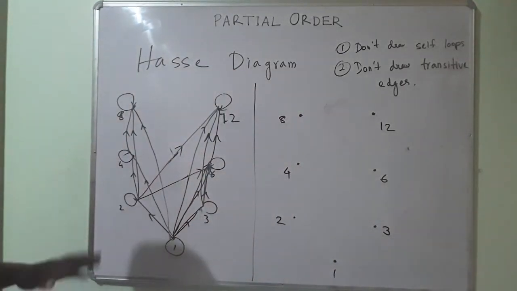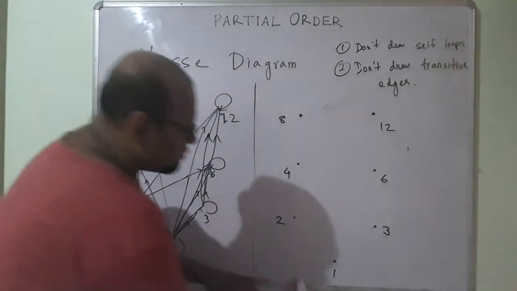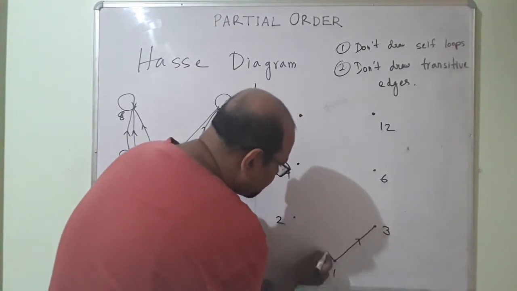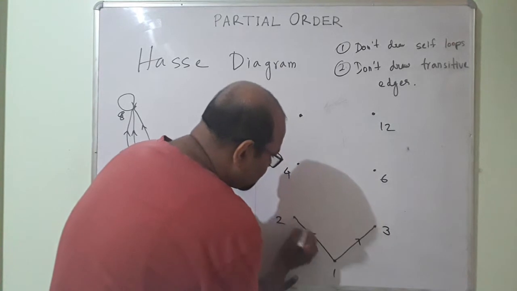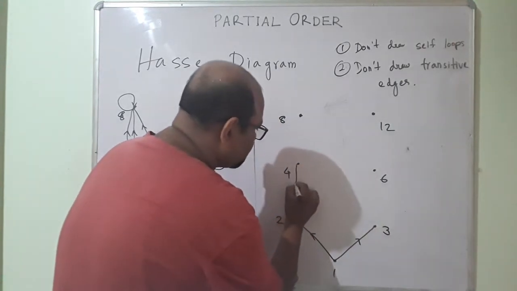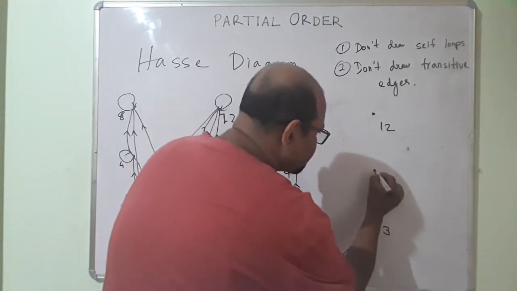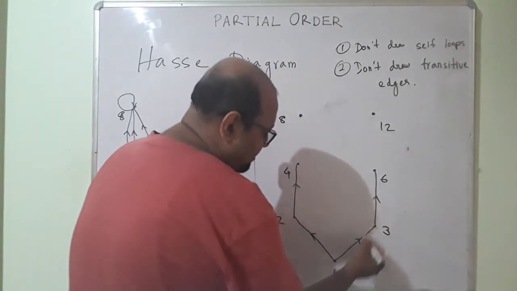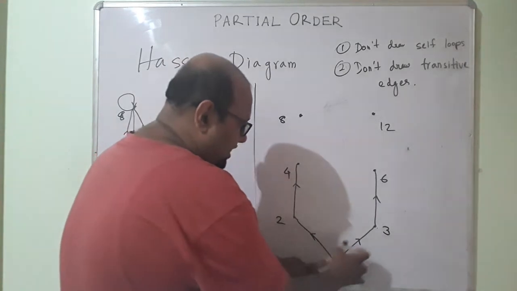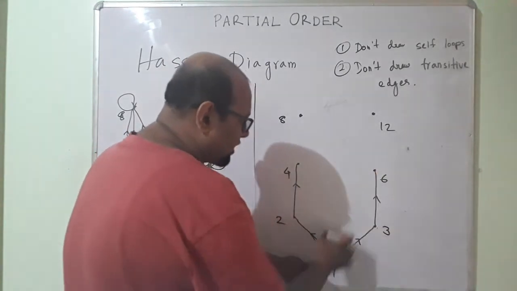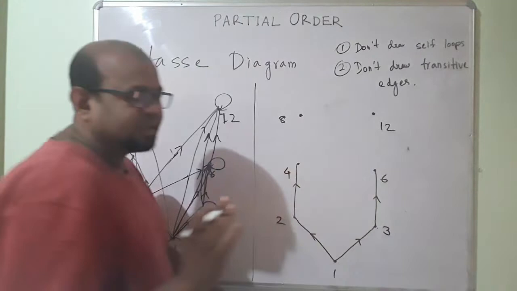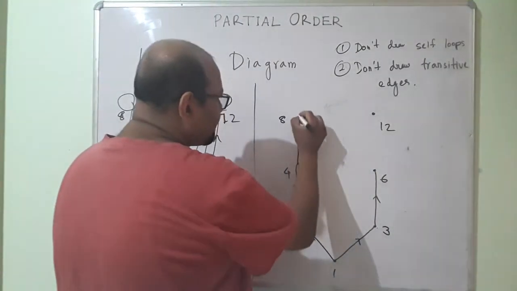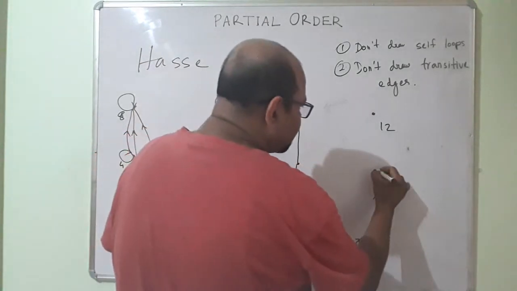I don't need to draw the self loops. 1 will divide 3, 1 will divide 2, 2 divides 4, fine, 3 divides 6, fine. Now 1 divides 6, but this is implied by 1 divides 3 and 3 divides 6. So this edge I don't need to draw. Then 4 divides 8. 6 divides 12.